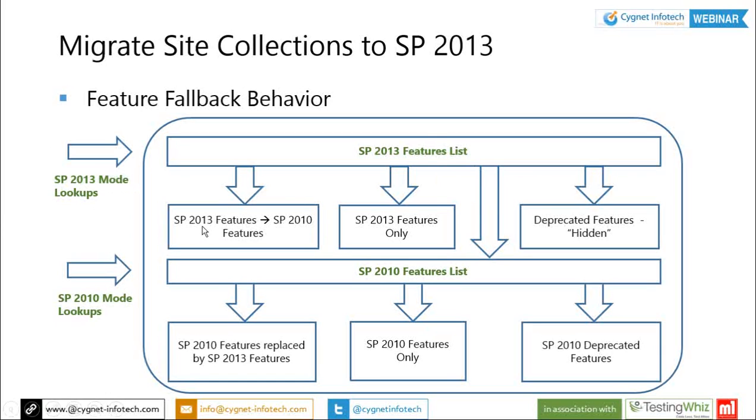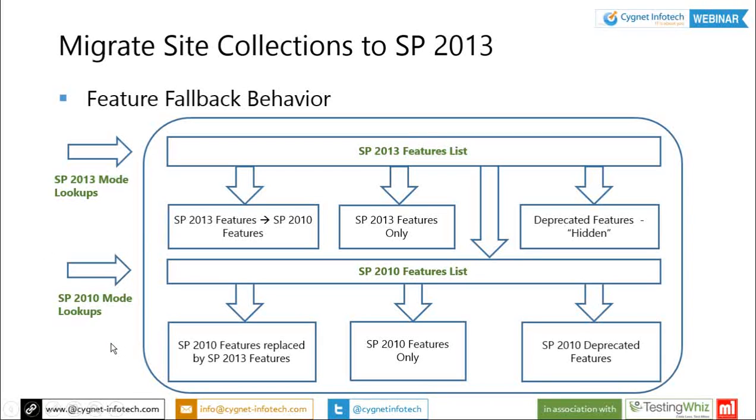From SharePoint 2013, you can enable the SharePoint 2010 features. You may have version-specific features, only the supported features for SharePoint 2013. But there are some features which are deprecated from SharePoint 2010 in SharePoint 2013, so those features are not going to be shown in the features list of SharePoint 2013.